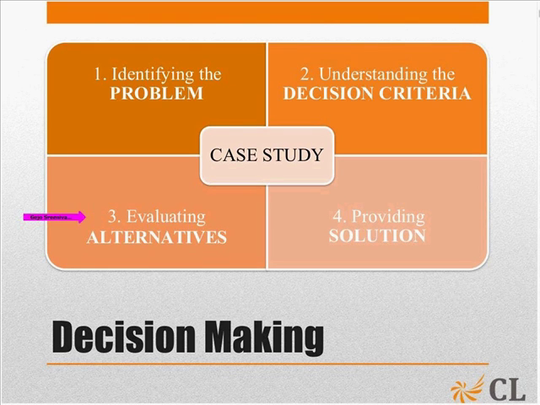Third is evaluating alternatives. There are 3-4 solutions. Which is the best one? Whenever you evaluate alternatives, it is always against your parameters in which you're making a decision. And then finally is providing a solution. So there are 4 things: either you are identifying a problem, or understanding the decision criteria or parameters, or evaluating alternatives, or trying to provide a solution to that case.